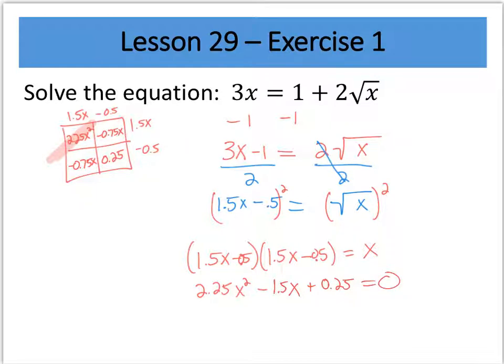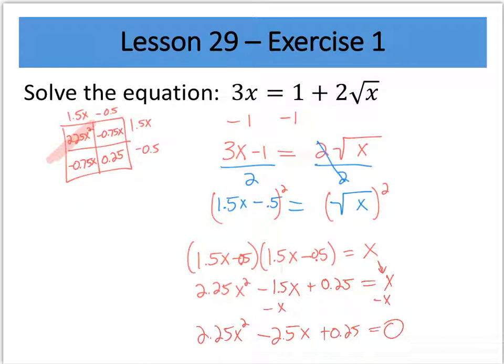That should be x. My bad. Equals x, because I'm just bringing the x down from there. All right? And subtract x from both sides. Combine like terms, so 2.25x squared minus 2.5x plus 0.25 equals 0.